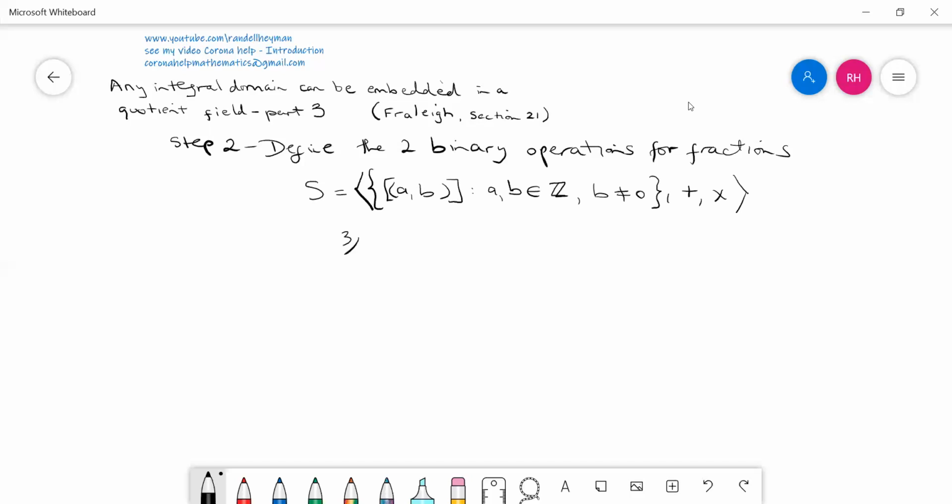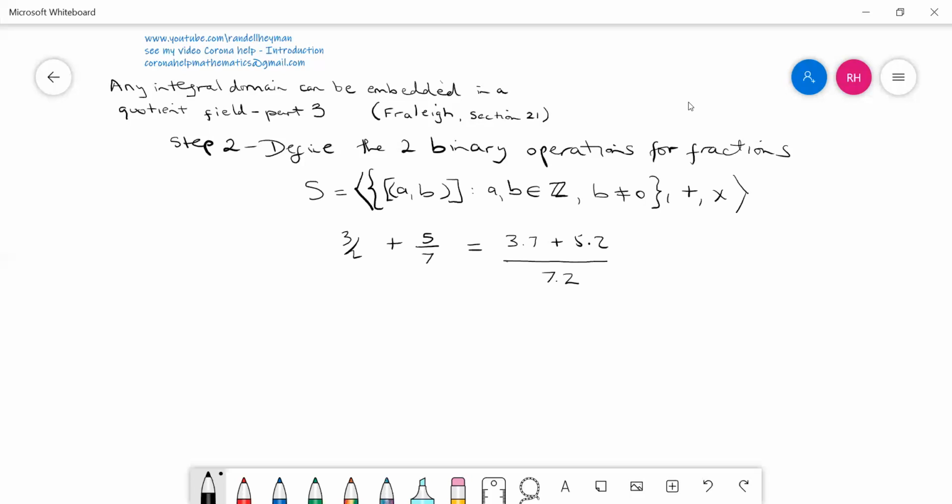So if we've got 3 on 2 and we want to add 5 on 7, well, we know what we do is we take 3 times 7 plus 5 times 2 and we divide by 7 times 2. That's how we would present it in school.